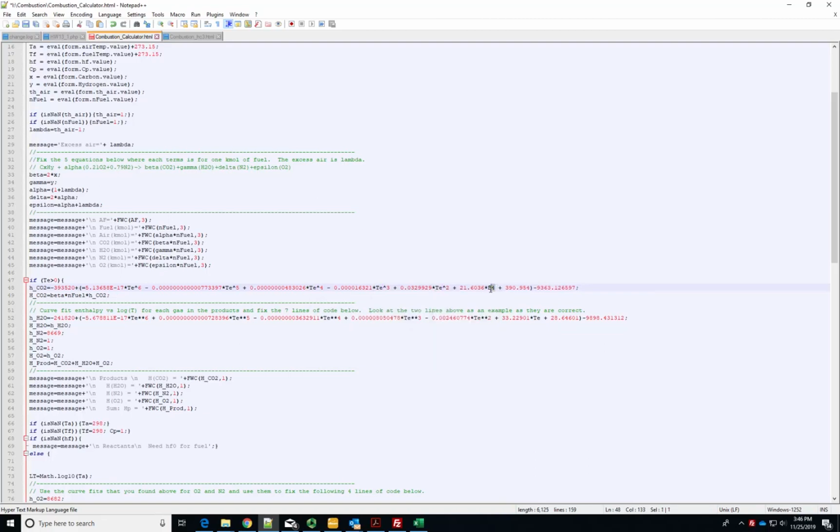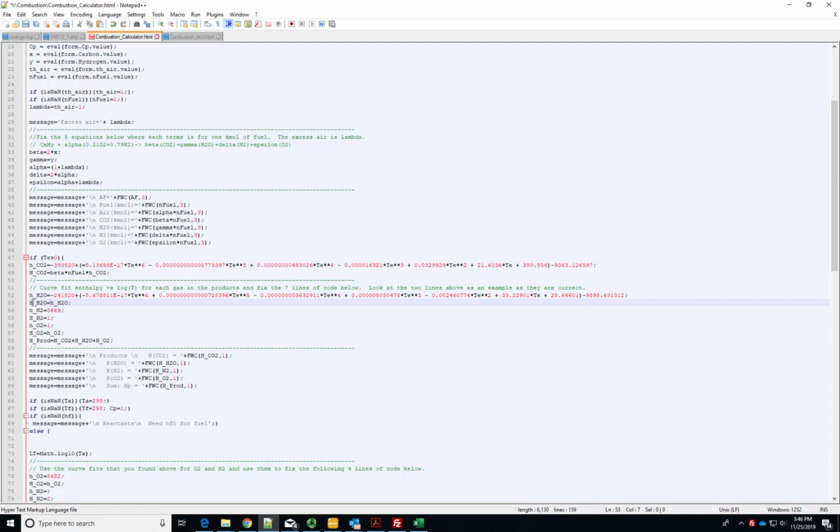Actually, I should have done that all at once, but I can still go back and fix it. Then I simply do that for the other gases.